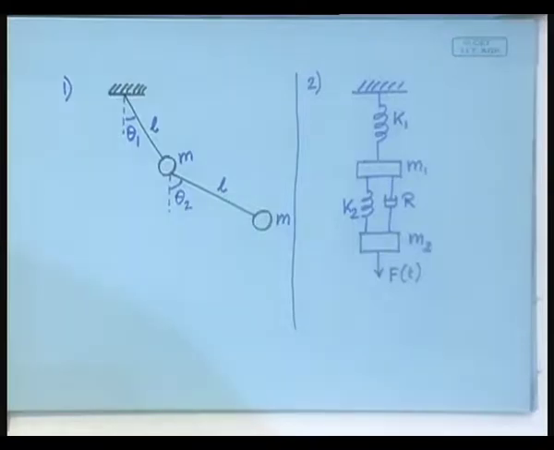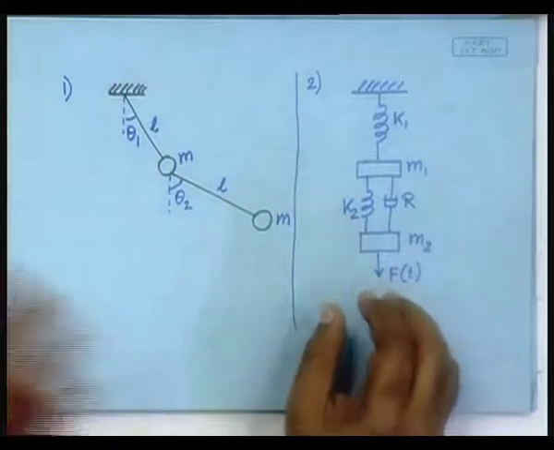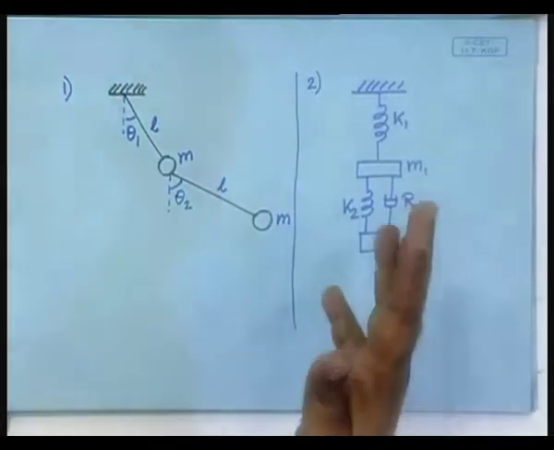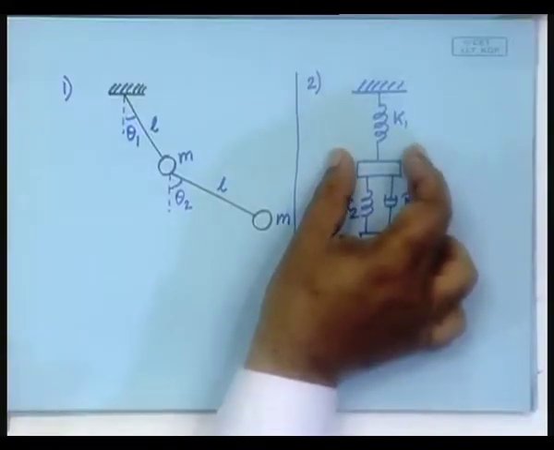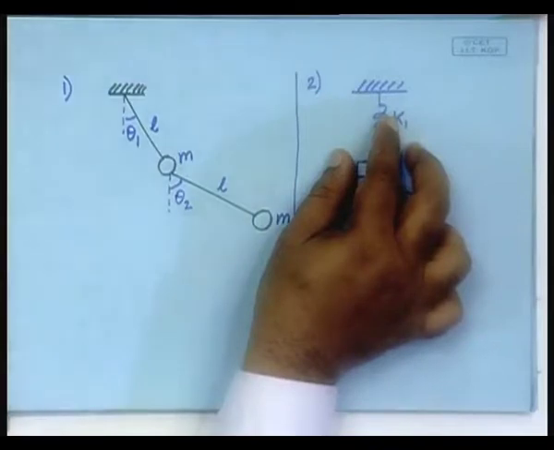How will you conveniently define the variables? Q1, Q2, but how do you define that Q1, Q2? There are two ways, obviously. You allow it to hang vertically, and then wherever these two masses are, call it Q1 and Q2. That is one possibility. The other possibility is, no, do not do that. You raise this fellow with your hand, so that ultimately it goes to a position where this is unstretched.